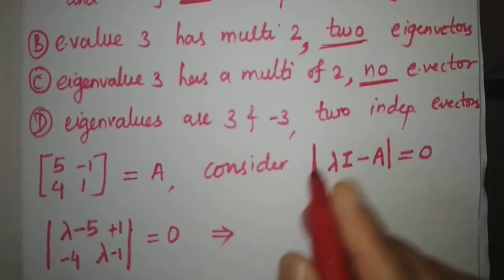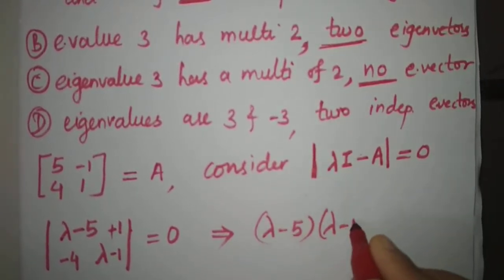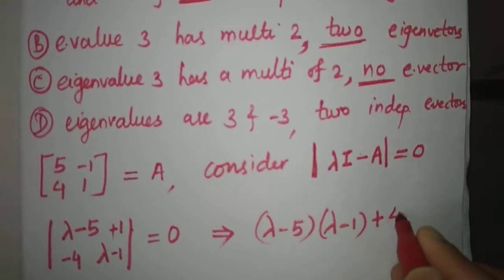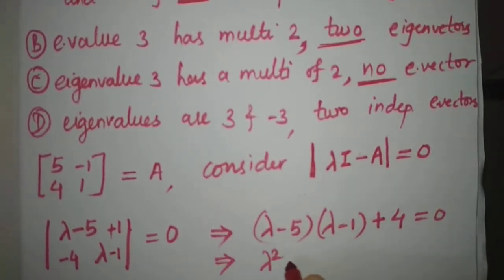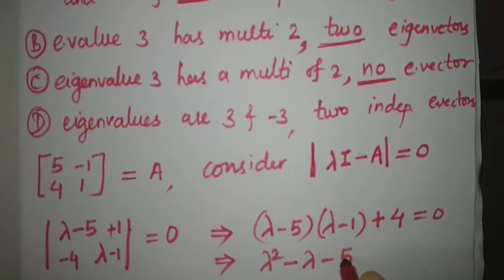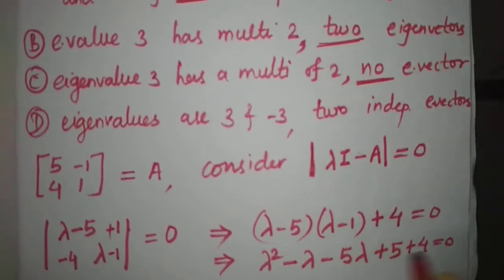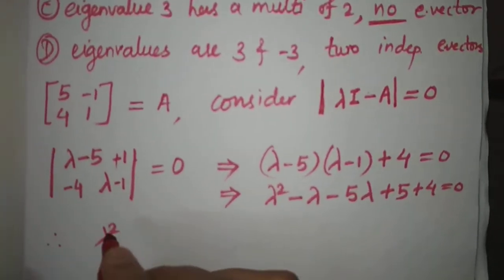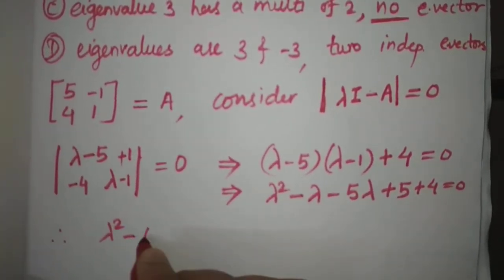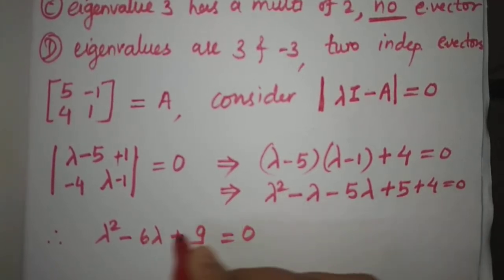So this gives us lambda minus 5 into lambda minus 1 plus 4 is equal to 0. Just simplify it. So lambda square minus lambda minus 5 lambda plus 5 plus 4 is equal to 0. Therefore we have lambda square minus 6 lambda plus 5 plus 4, that is 9, equal to 0.